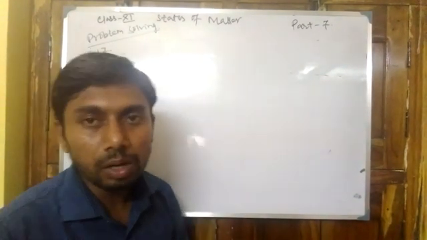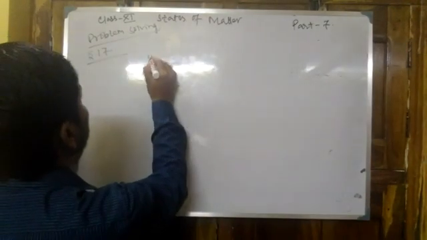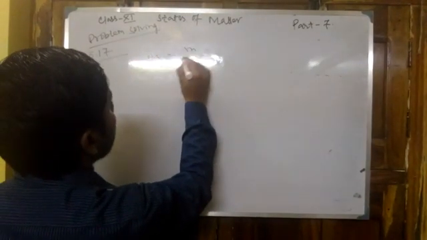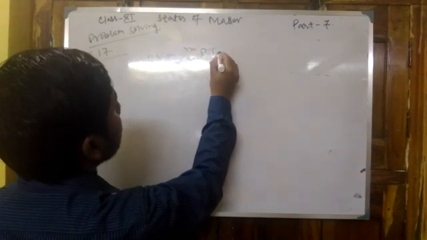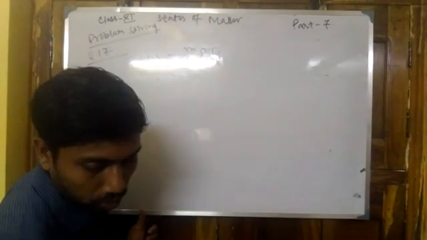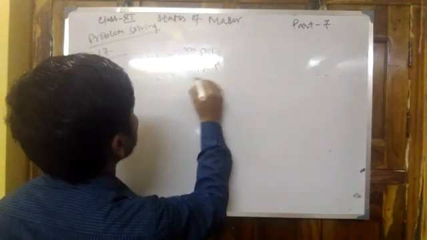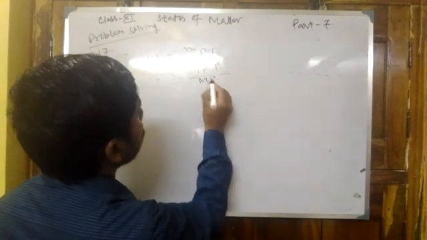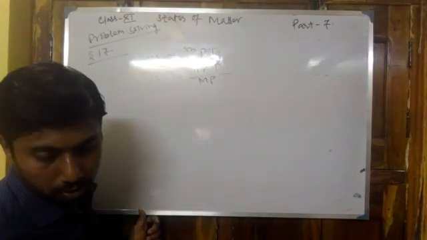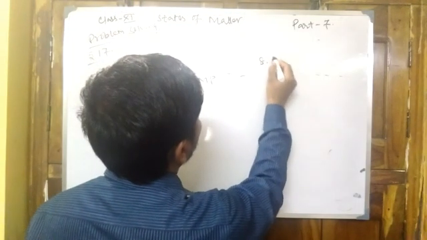So again we will use the same equation, that is PV equal to small m by capital M into RT. Now we have to calculate V. So V will be equal to small m RT divided by capital M into P. Now just put the data.